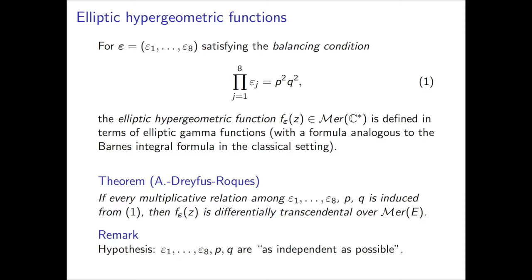The theorem applies to any choice of parameters simultaneously, provided that the abelian group generated by them and the p and the q, as an abstract abelian group, has this presentation. So you don't exclude other presentations? No, I just need that particular one.